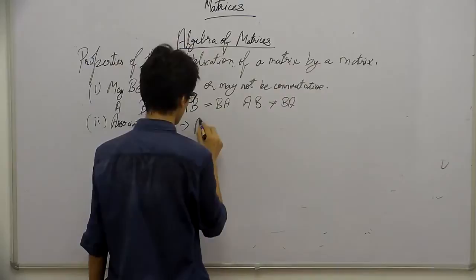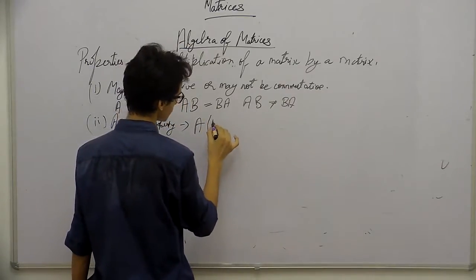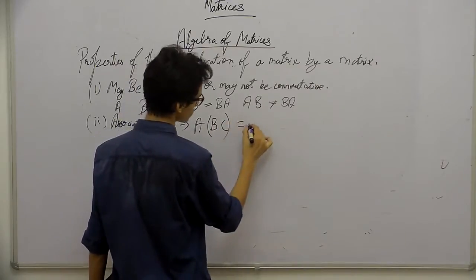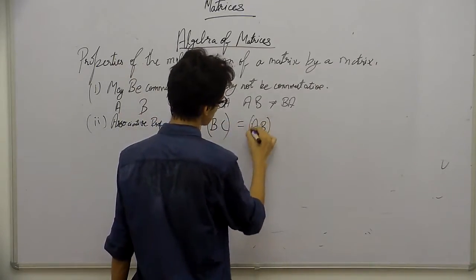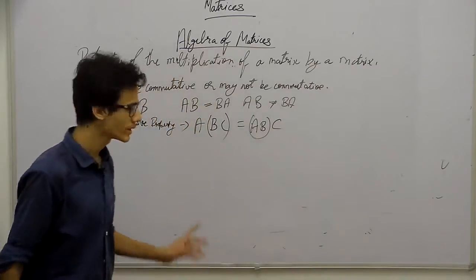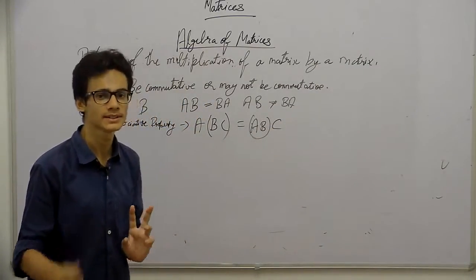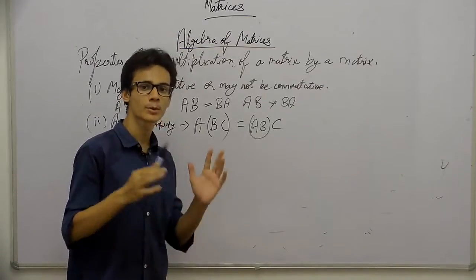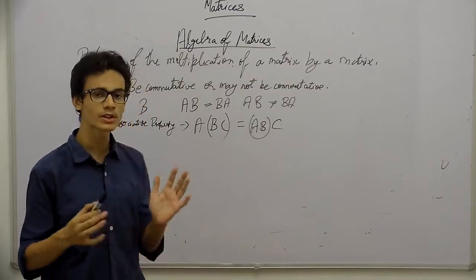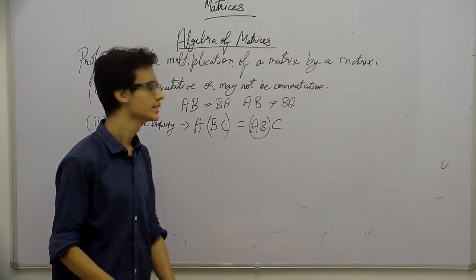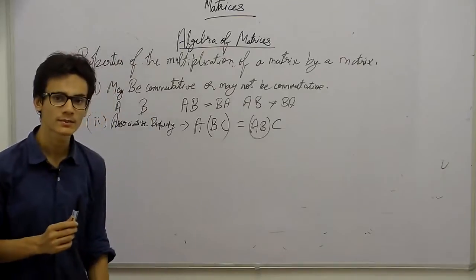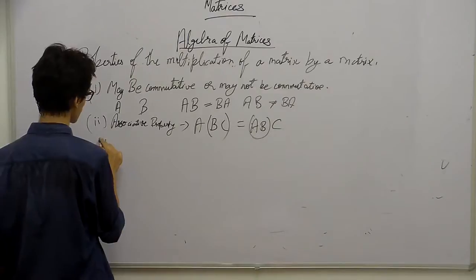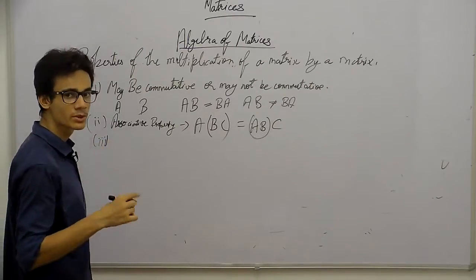So A times BC is equal to AB times C. If we have three matrices A, B, C, then the multiplication of A with the product of B and C is equal to the product of A and B multiplied with the matrix C. Also, as we talked about before, multiplication follows the distributive property over addition.